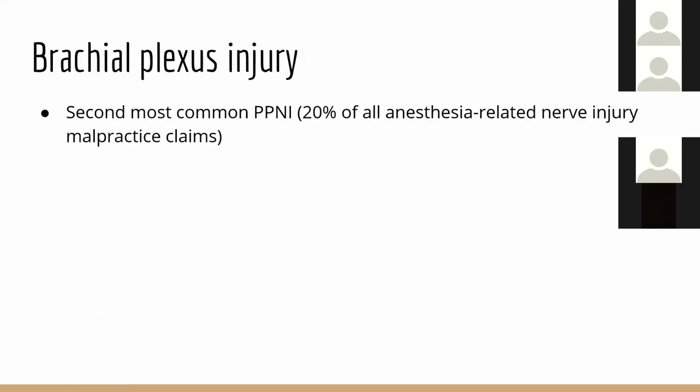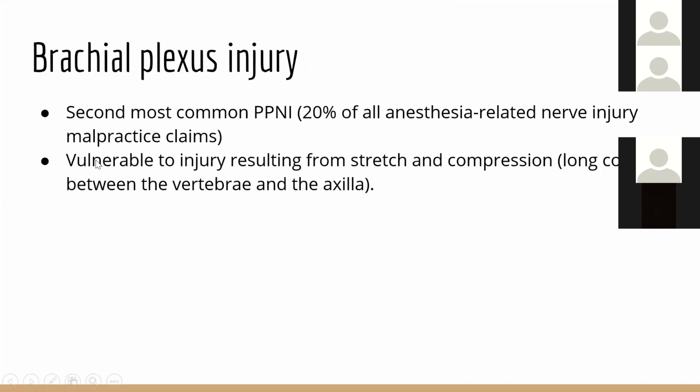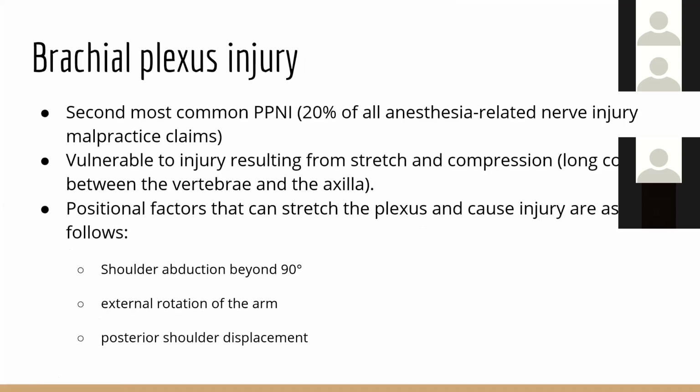Next, the second most common nerve injury is brachial plexus injury, accounting for 20% of all anesthesia-related nerve injury malpractice claims. It is vulnerable to injury from stretch or compression, as it has a long course between the vertebrae and axilla. Positional factors are really important.